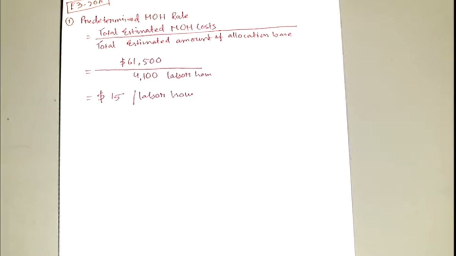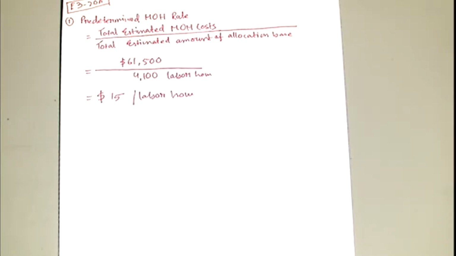If you see the little table, direct labor hours used for job 101 is how many hours? Julie? 155. And for job 102, how many hours? 72.